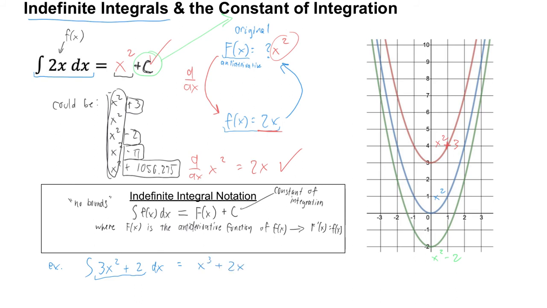And I know that because the derivative of x cubed gives me 3x squared, and the derivative of 2x gives me 2, right? But I need to add a plus c because let's say c was like 1, 2, 3, or 4, or 5. We know when we take the derivative of a number, we just get 0 and hence get that derivative function. So this is the answer if you were ever asked to find the indefinite integral of 3x squared plus 2.